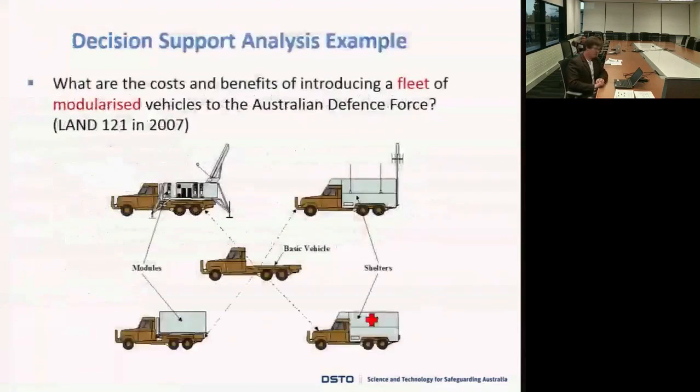Anyway, the problem that we faced, and this is a while ago, you see in brackets 2007, and actually predates this, is that the Australian Defence Force had for a number of years a capability development project, that of replacing the whole fleet of what's called field vehicles in Australia.